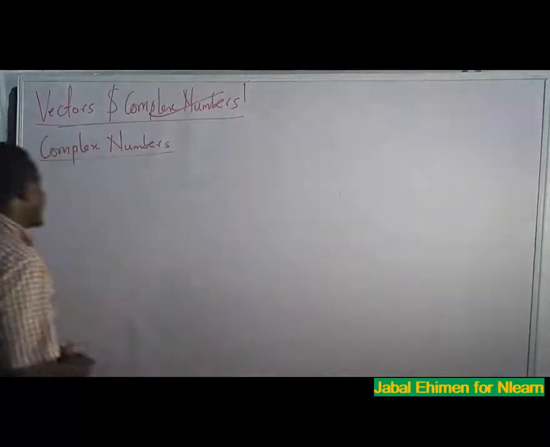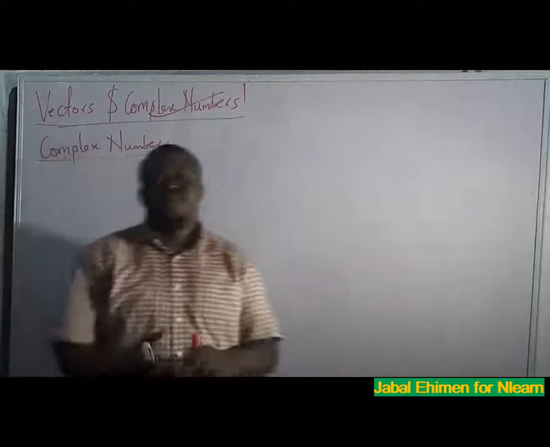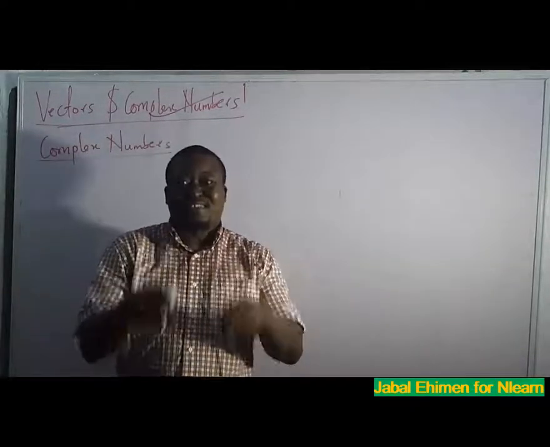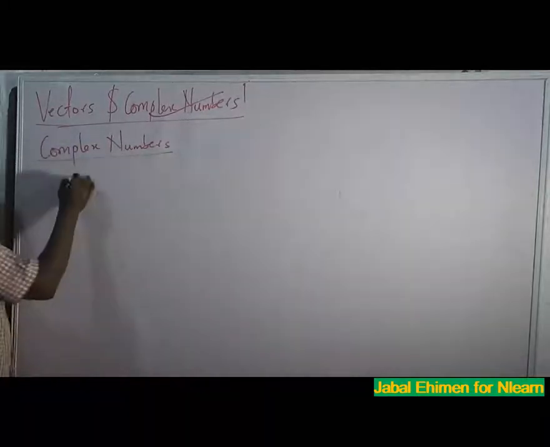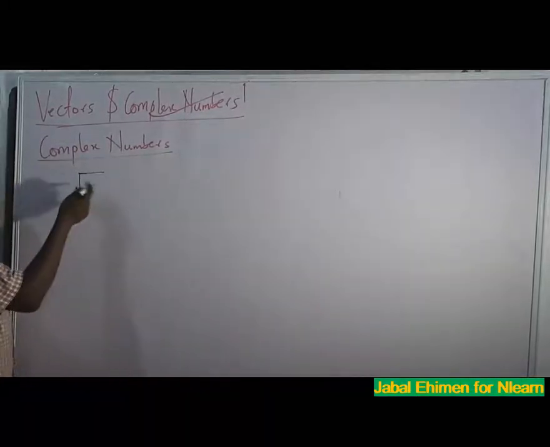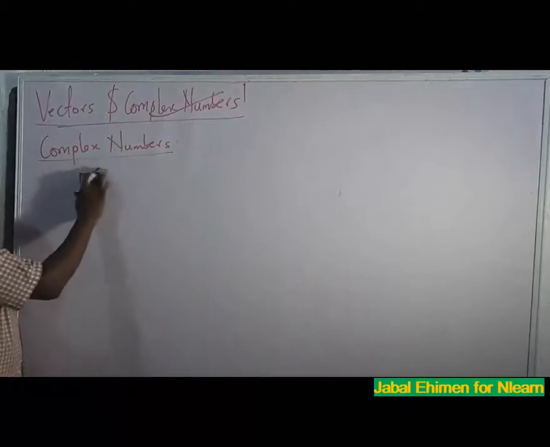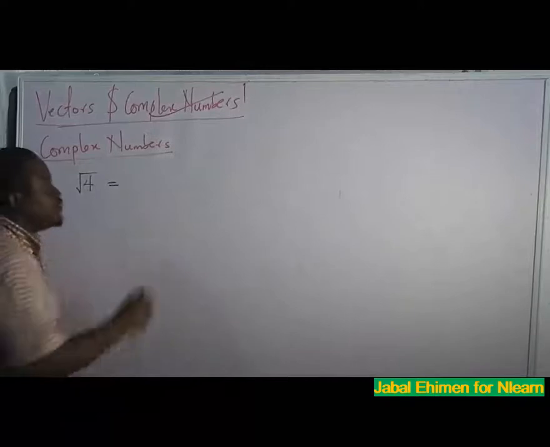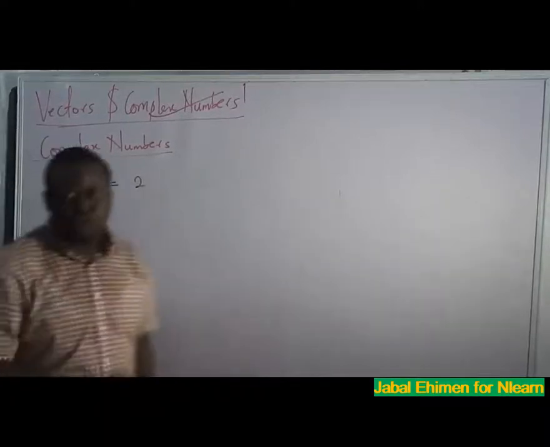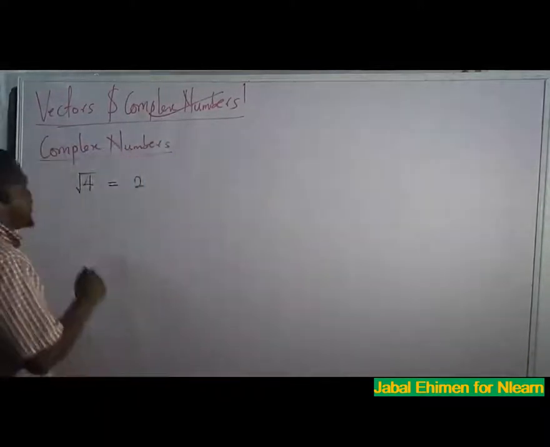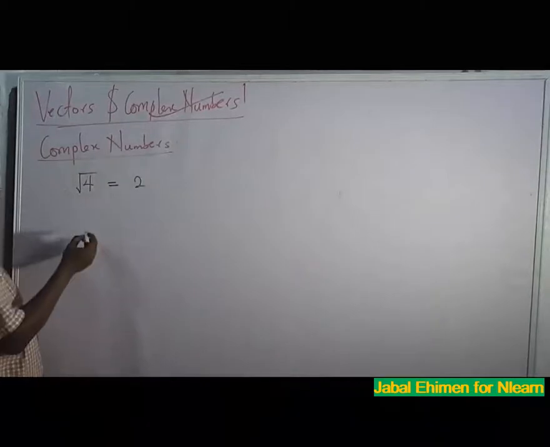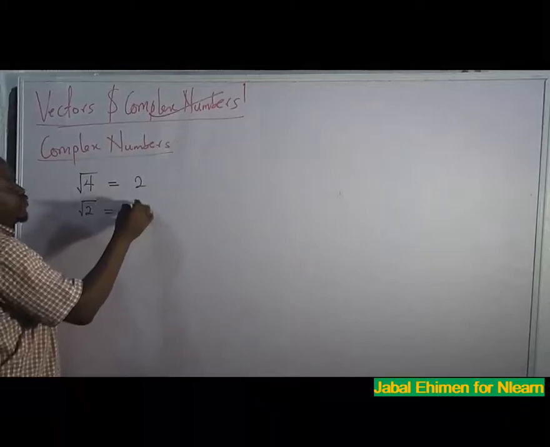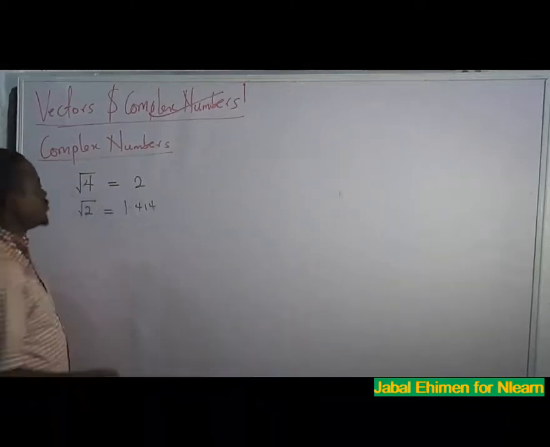Now, take a look at it. When you solve your mathematical problems, if you tap your calculator as you're sitting watching this class now, you observe something. If I take this value, for example, the square root of 4, what you get is 2. You agree with that? But if I say the square root of 2, I should have 1.414 or something of that nature.